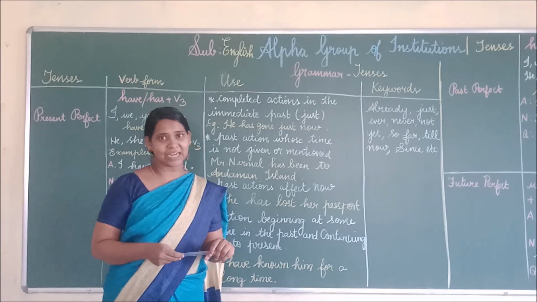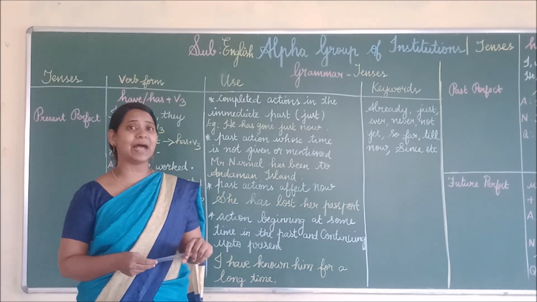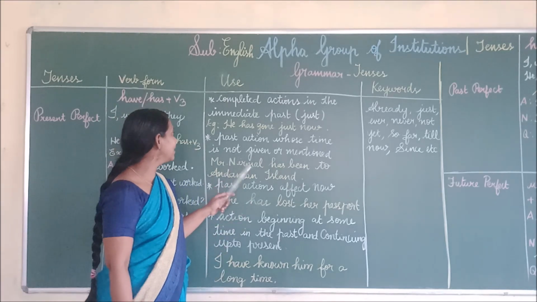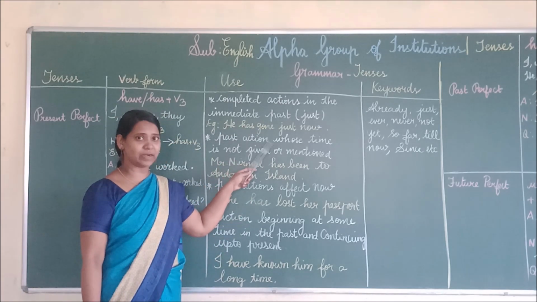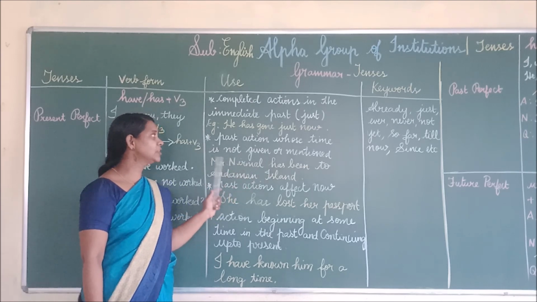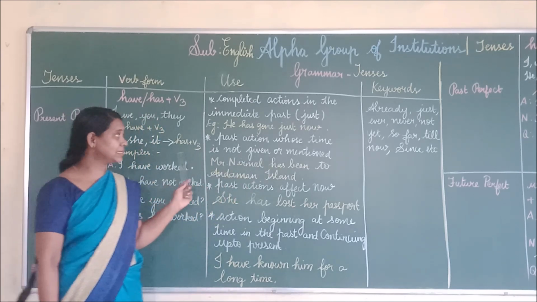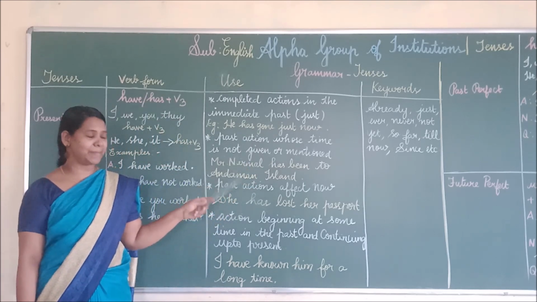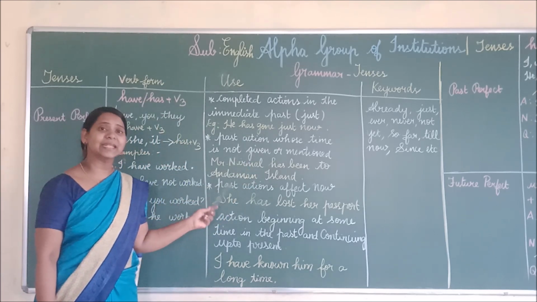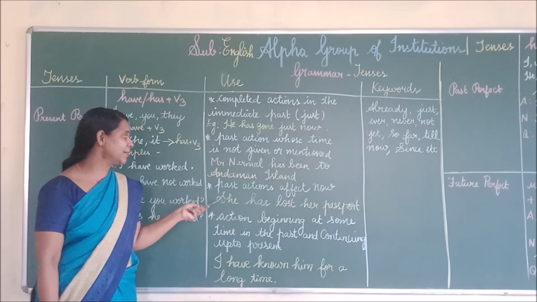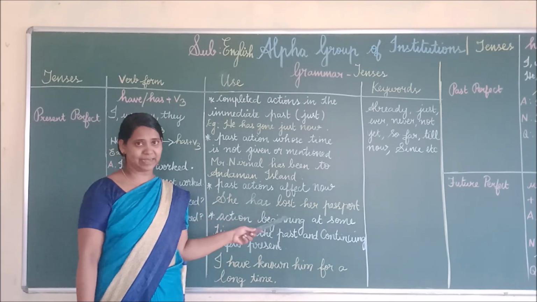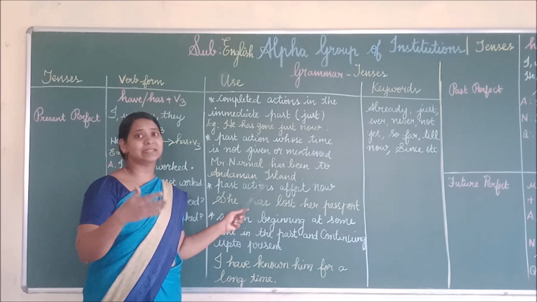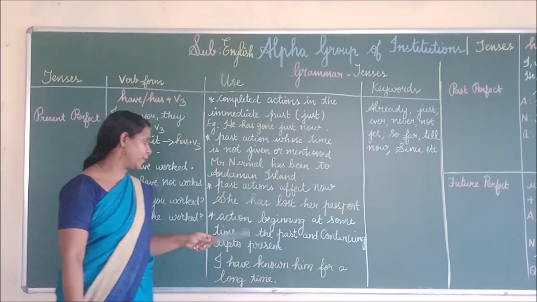To indicate an action started in the past and completed just now. Example, he has gone just now. Next, to indicate that past action whose time is not mentioned. And next condition, to indicate the past action affect now. Actually, the actions happened in the past, but its results affect now.